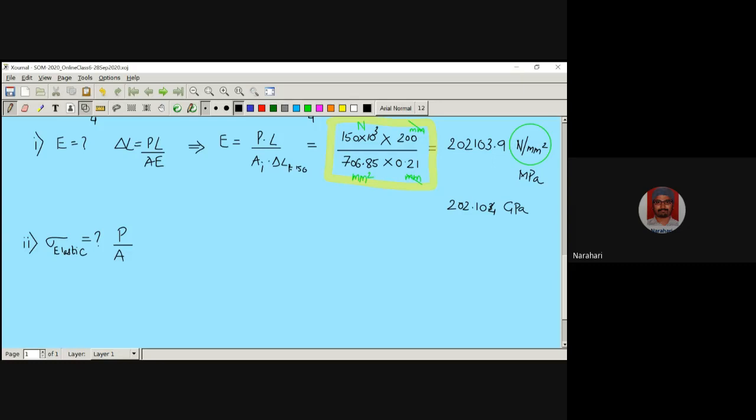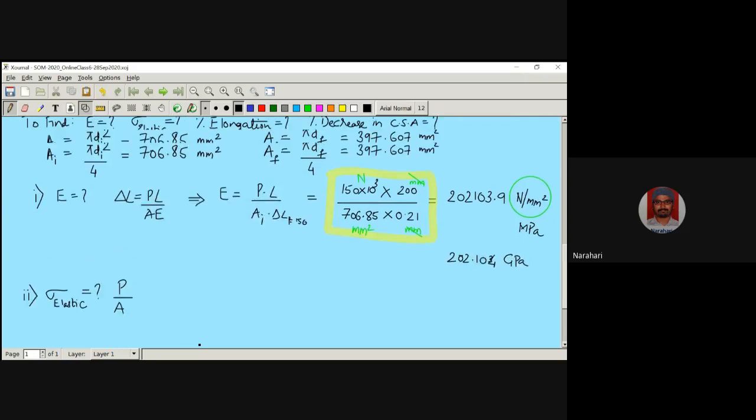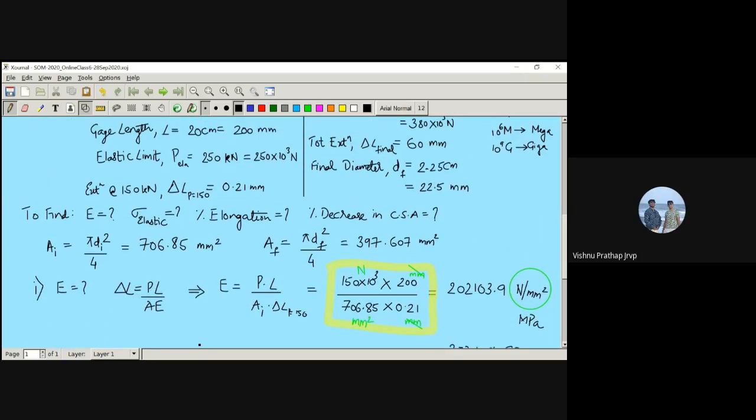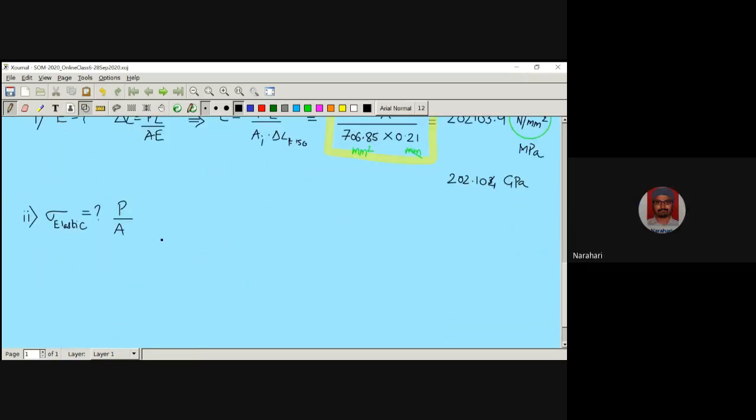It's a stress-strain experiment, a tensile test experiment, so there is no concept of force, it is load. Now P by A, what P should I take? We have to take P elastic, 250, and this A is A_i. So 250 into 10 to the power 3 divided by 706.85.